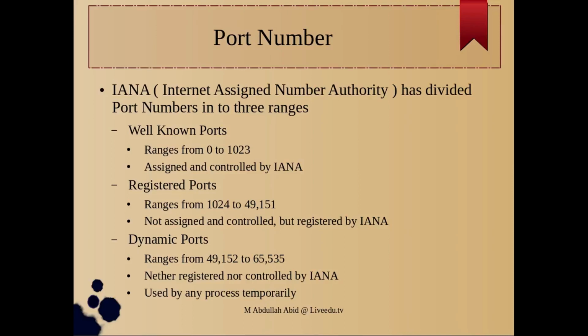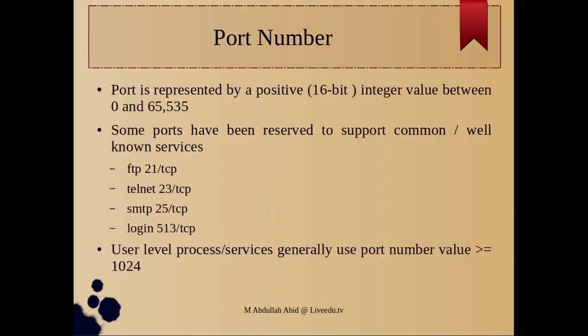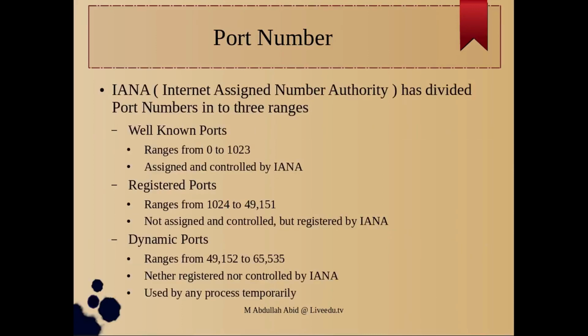For example, port number 21 is for FTP, so we can't use it for the DB server as it is fixed for FTP. These registered ports are 1024 to 49,151, and the next range is the dynamic ports. These are not registered, and are temporarily used by dynamic processes.